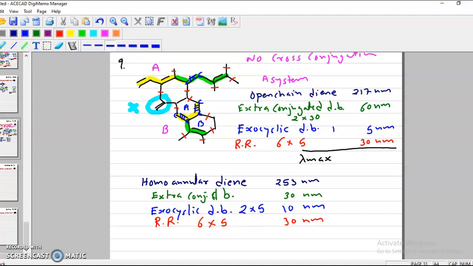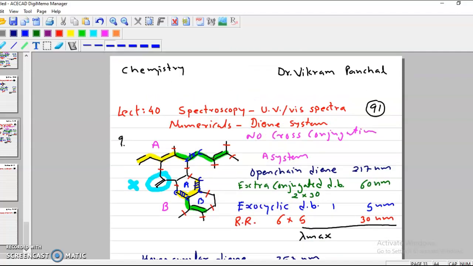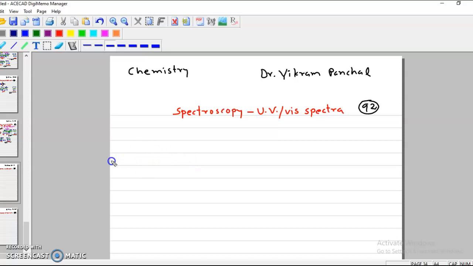So now we'll have to add the total and find out lambda maxima for this system. Okay, so this way there are 2 different systems having 2 different lambda maxima. But they are not cross conjugation, remember that. Next, this is an example.